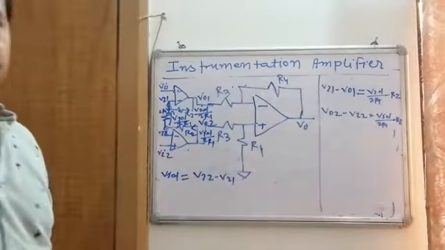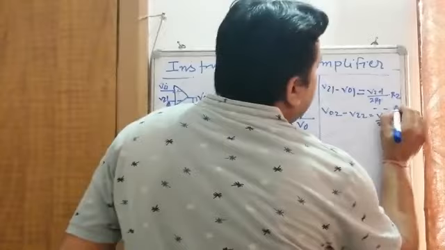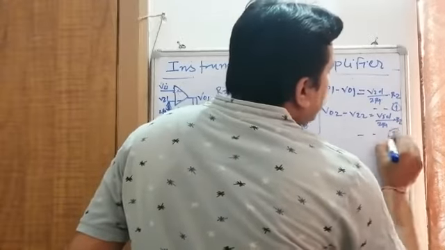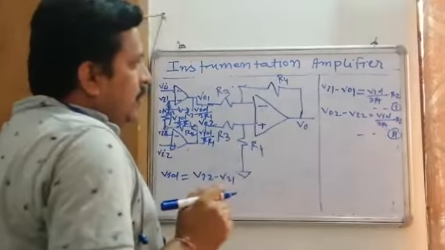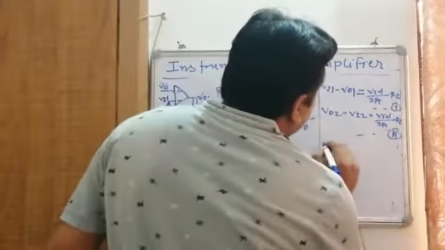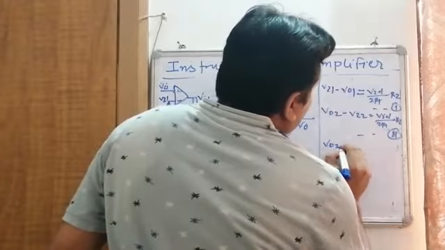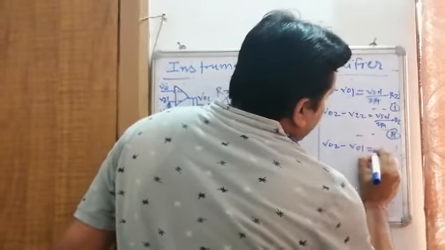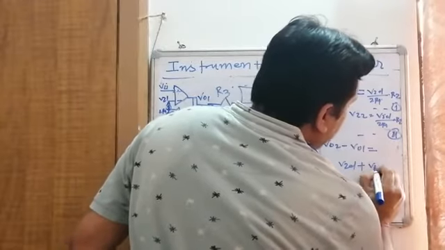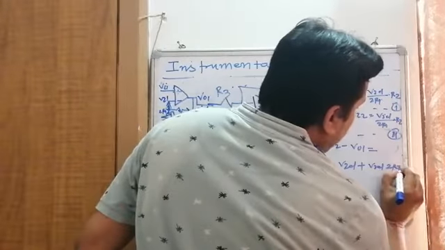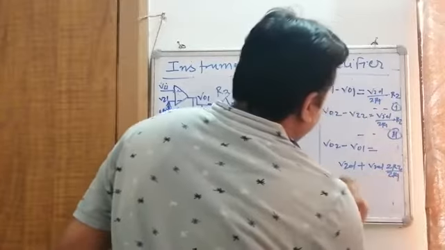Add these two equations. This is equation 1 and this is equation 2. If I add these two equations, we will get V02 minus V01 is equal to VID plus VID 2R2 by 2R1.